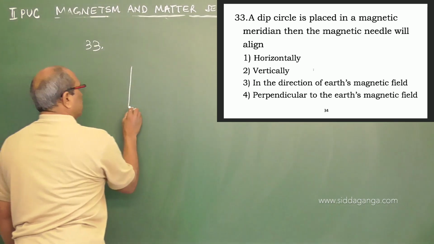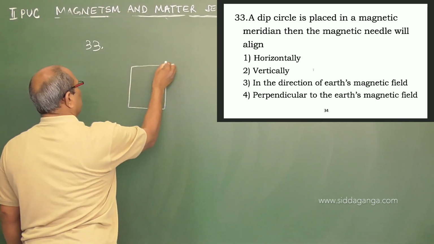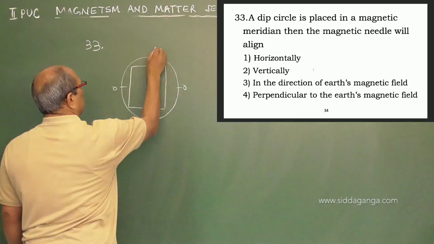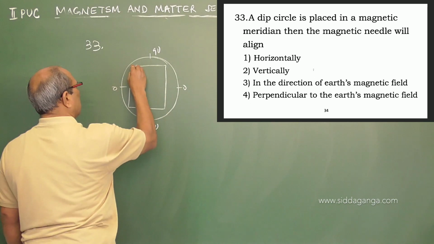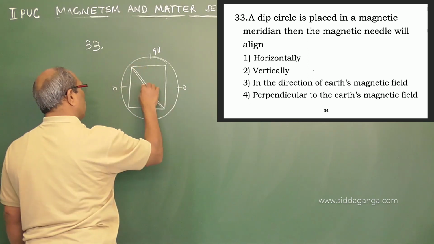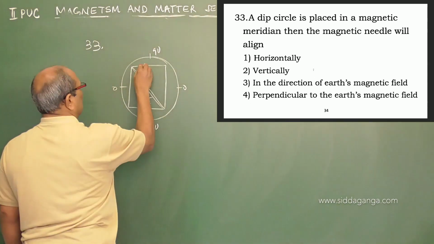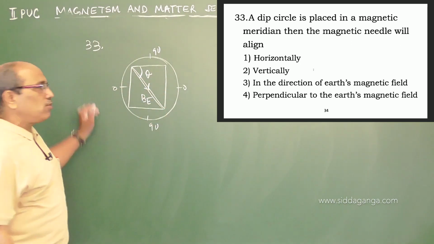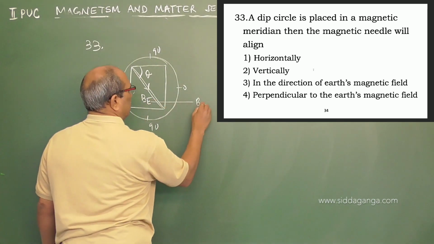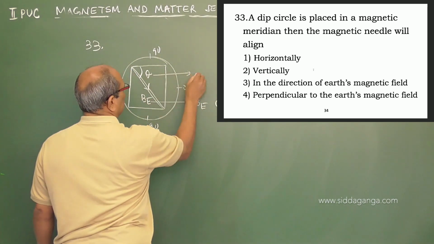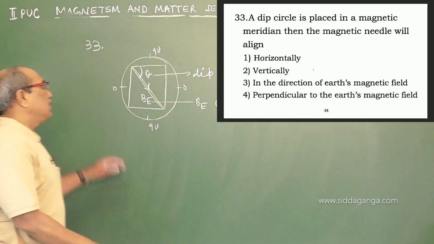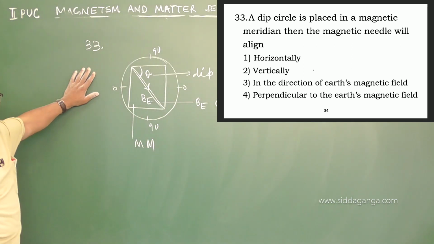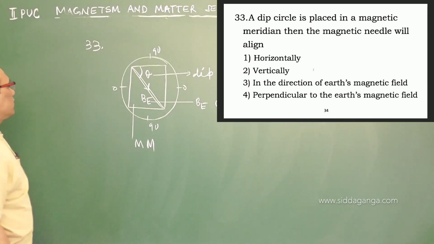So in the magnetic meridian, if the dip circle is present and it comes to rest along the total earth field, BE, this is the representation of theta, the dip, in the direction of the earth's magnetic field. Option 3, this is measured as the dip. It is in the magnetic meridian. Coming to the next, 34.